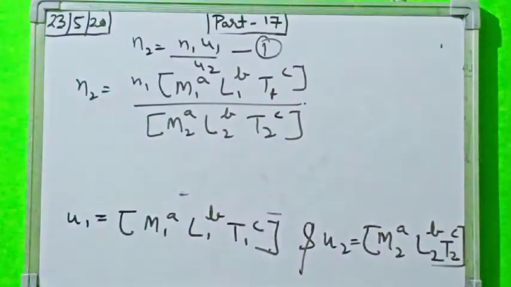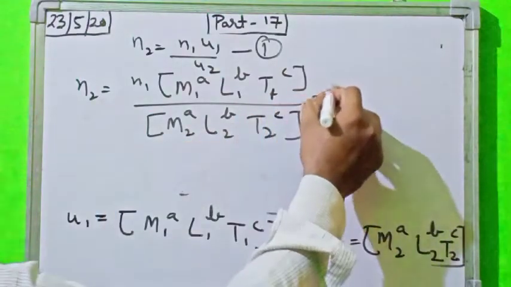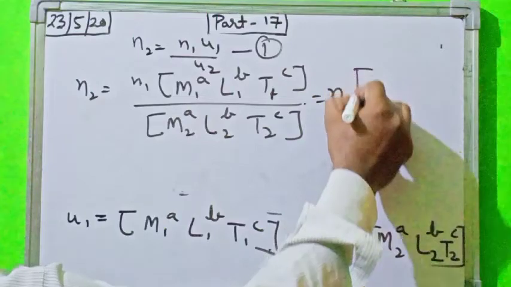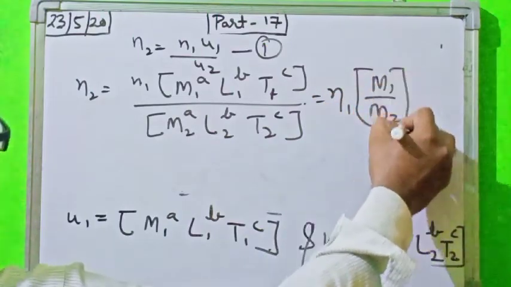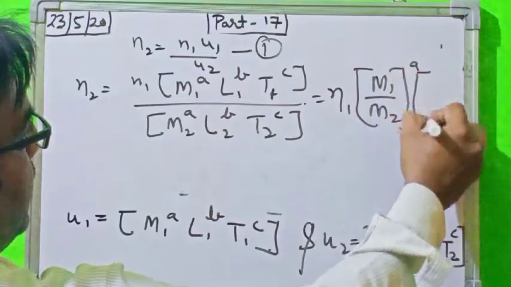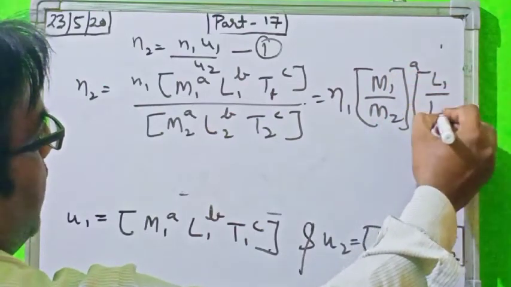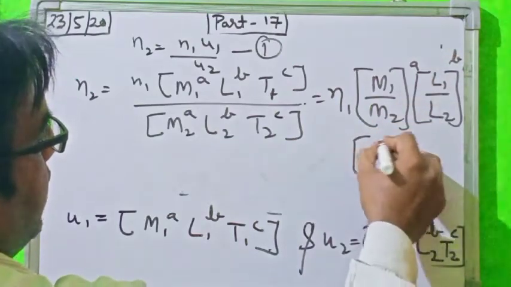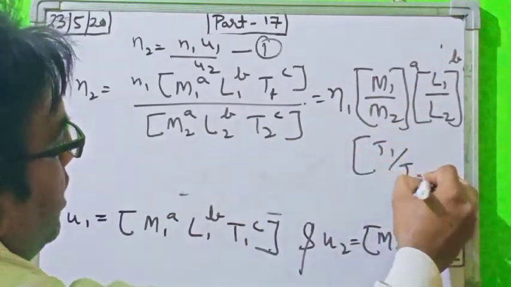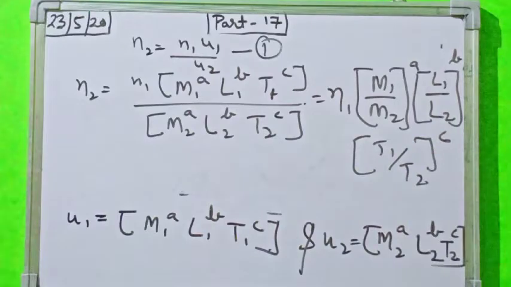And from here we can write it as n1 times m1 upon m2 raised to power a, l1 upon l2 raised to power b, and t1 upon t2 raised to power c.